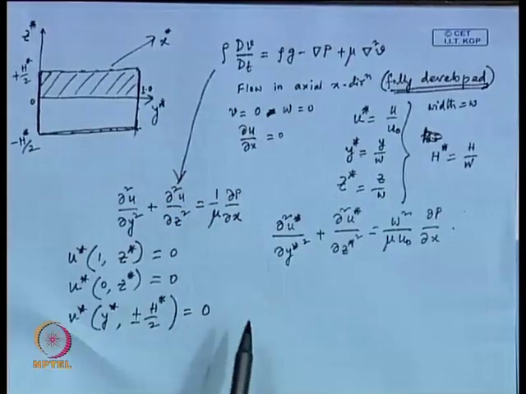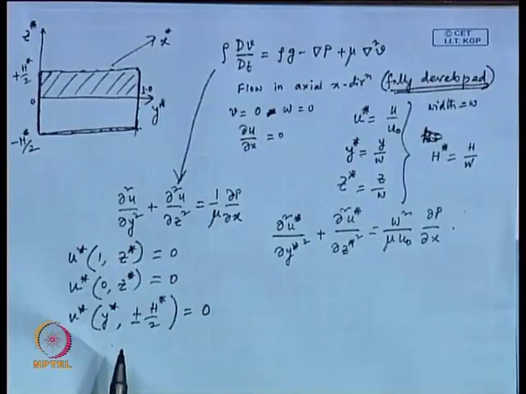This we will point out later, that in a micro channel, whether you can take a no slip boundary condition or you have to consider slip, that is governed by the Knudsen number. So, depending on what the value of Knudsen number is, it is decided whether you can take this boundary condition as no slip boundary condition or not.